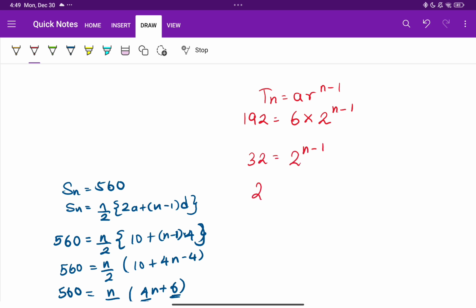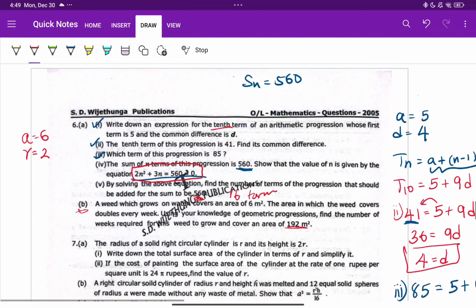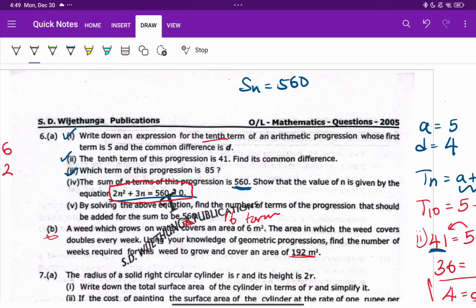We know 32 is 2 to the power 5. Since the bases are equal, the indices are equal, 5 is equal to n minus 1 and the value of n would be 6. So it would take 6 weeks for this weed to cover this area. That's the end of the progression question from 2005 O levels.